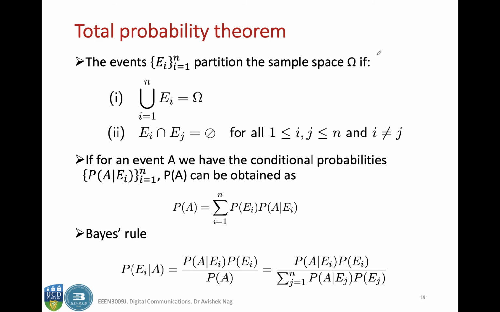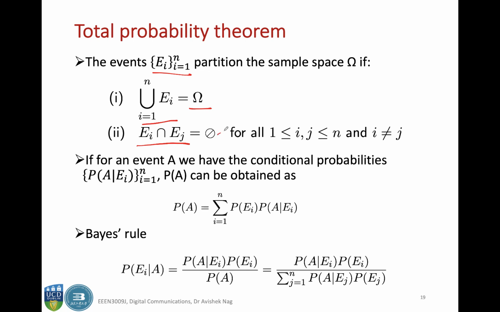If we have some events E1, E2, E3 up to En, denoted by Ei, i running from 1 to n, and the union of all these events gives you the entire sample space, and the intersection of any two events Ei and Ej gives you the null set, which means that these events are mutually exclusive.